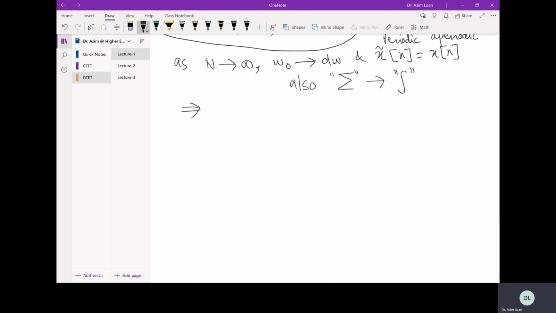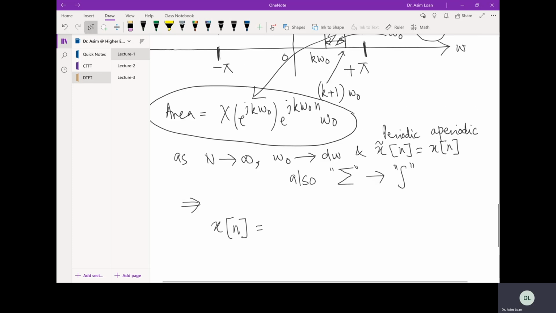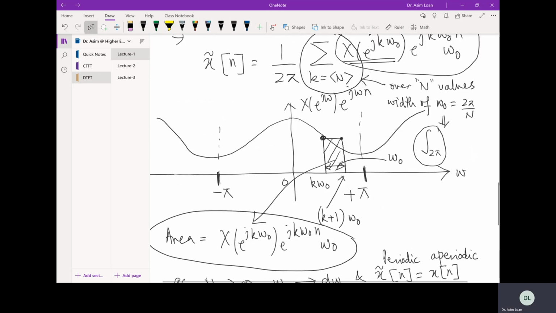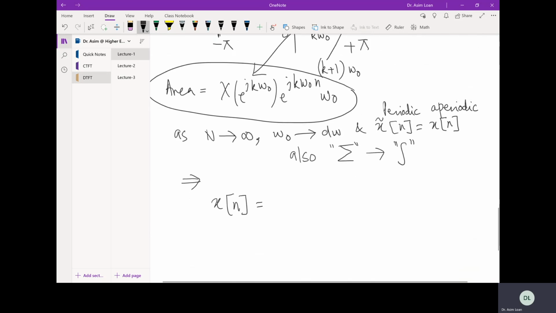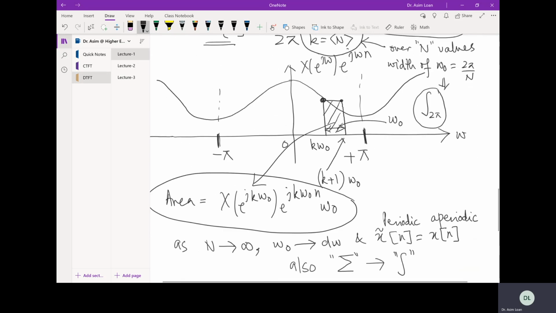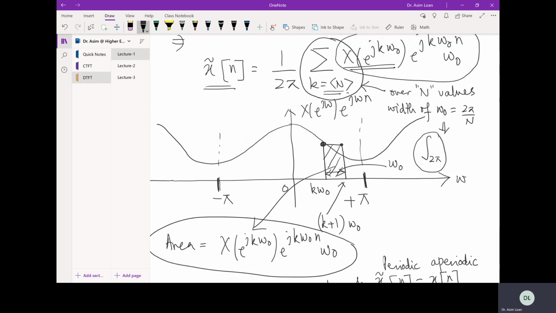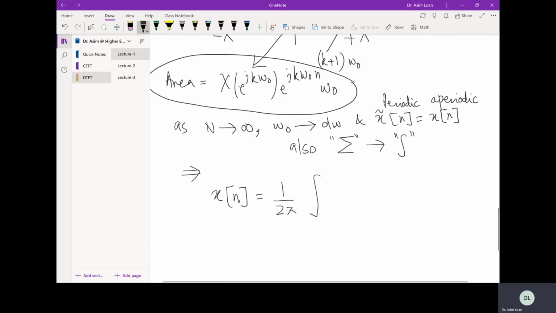So this x tilde of n becomes x of n, with 1 over 2 pi times the integral. Taking n terms, each of width 2 pi by n, the total width is going to be 2 pi. So we say the integral is over 2 pi.